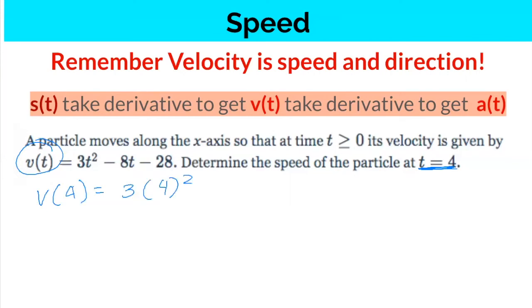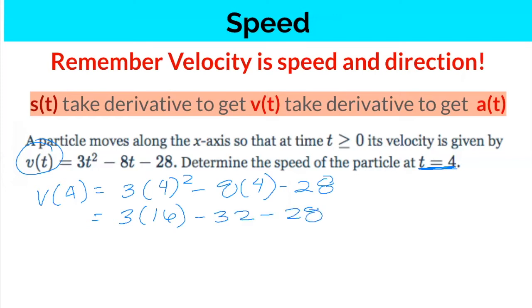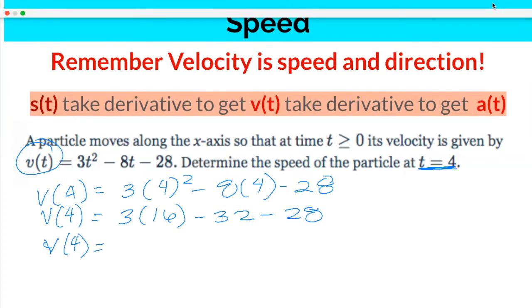4 to the second power minus 8 times 4 minus 28. And that's going to give us 3 times 16 minus 32 minus 28. This is the velocity at 4. Okay, going to grab my calculator.